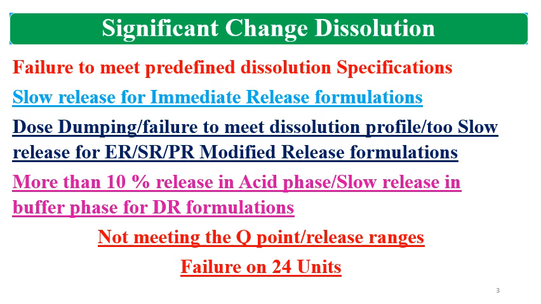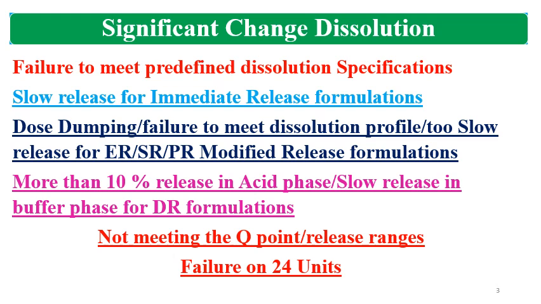Sometimes the modified release formulations, when tested for dissolution, cannot maintain the release ranges. The release may be too slow or too fast when the formulation is placed onto the stability. So that means there is a dissolution failure.